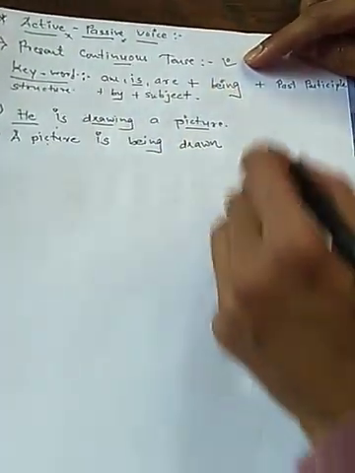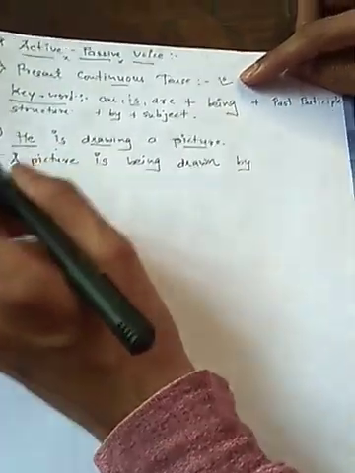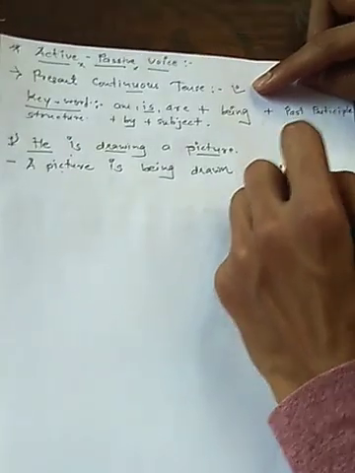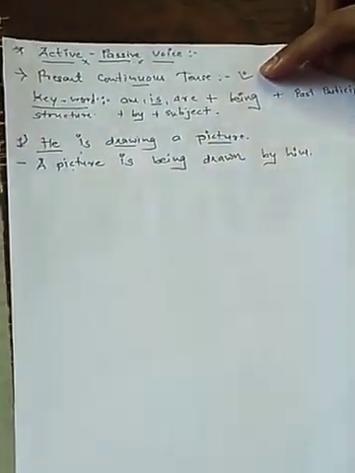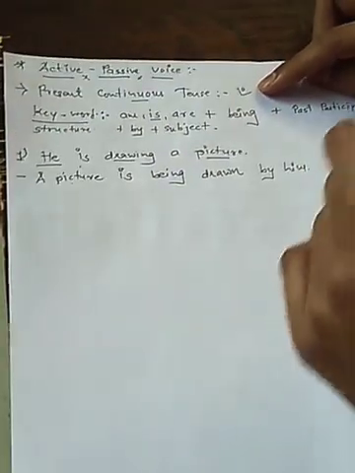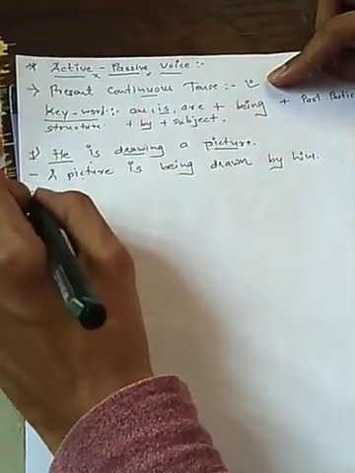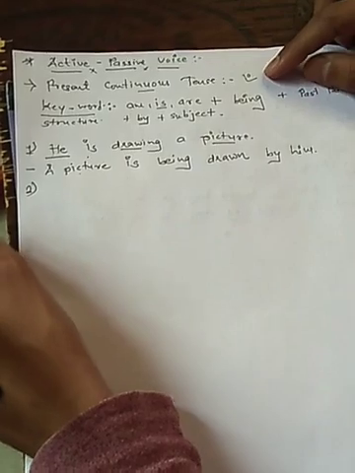A picture is being drawn by, and the subject he will be changed to him. So this is your answer: a picture is being drawn by him. Let us take the second example.